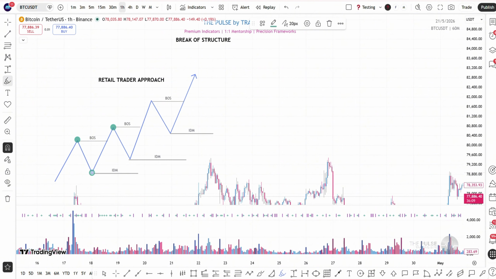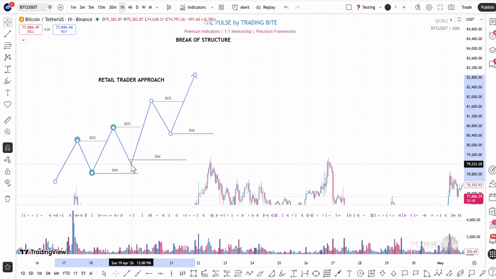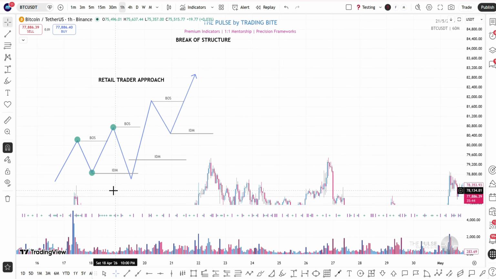If the market wants to go buy, the market has to take the liquidity from the low side. Now how will it go and take the liquidity? So let's see, this is our point and this is our liquid point. If the market wants to go buy, it has to take this liquidity and then it will go buy. So this point was our inducement, this was a swing low, and this was the liquidity point.